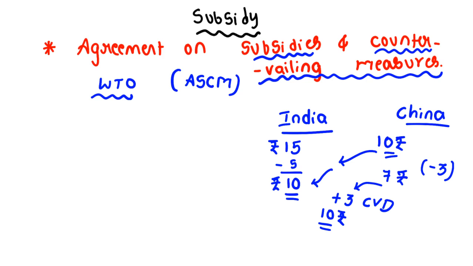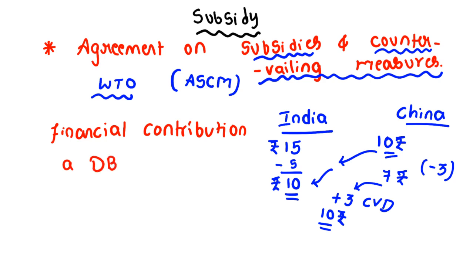According to this, a subsidy shall be deemed to exist if there is a financial contribution by a government or any public body, involving a direct transfer of funds like DBT, direct benefit transfers in the form of grants, loans, or where government revenue that is otherwise due is foregone.